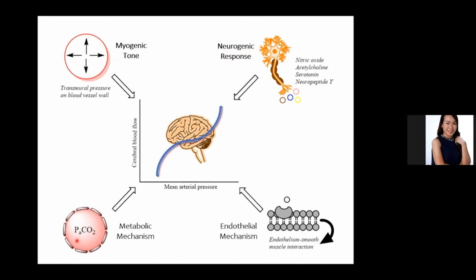We have a metabolic mechanism or metabolic autoregulation, and an endothelial mechanism for autoregulation. In this slide, class, on the y-axis is the cerebral blood flow, while on the x-axis, we have the mean arterial pressure. This will show us how these factors will cause autoregulation.